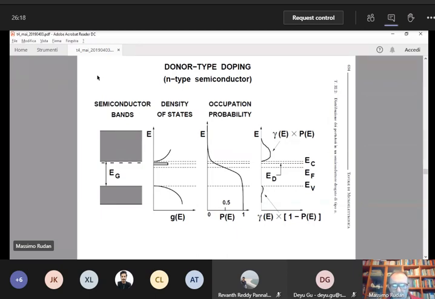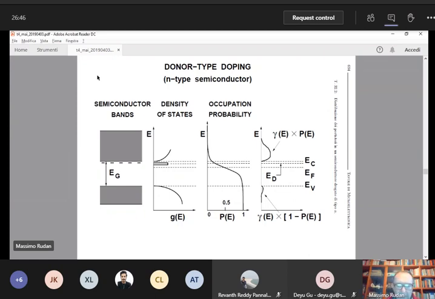Okay, so if you look at the right-hand part of the figure, you see that EF is not anymore in the mid-gap, but closer to EC, okay, and far away from EV. As a consequence, if you look at the central part of the figure, the Fermi statistics is also shifted upwards, okay?